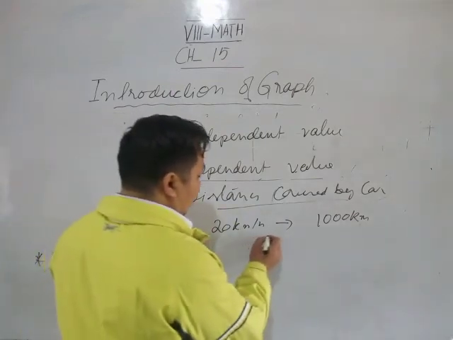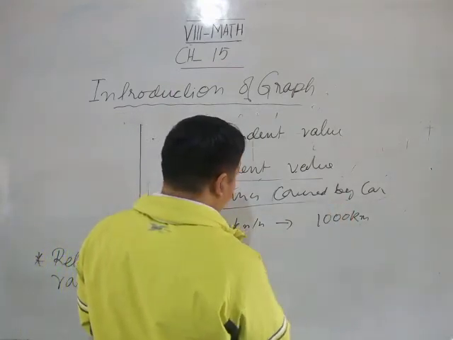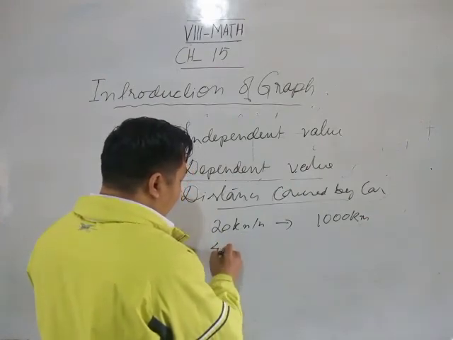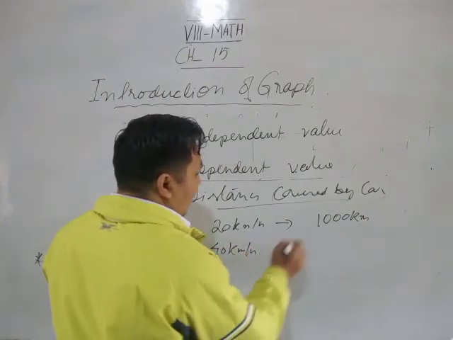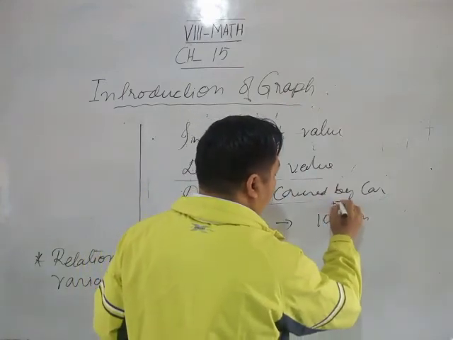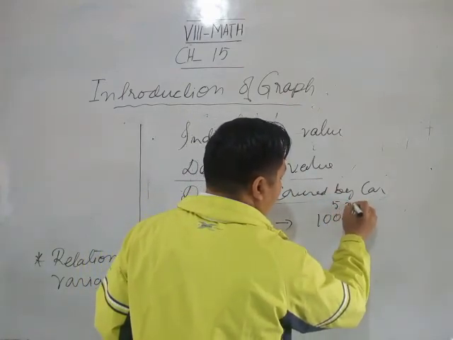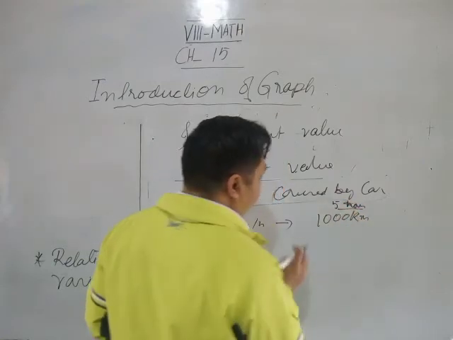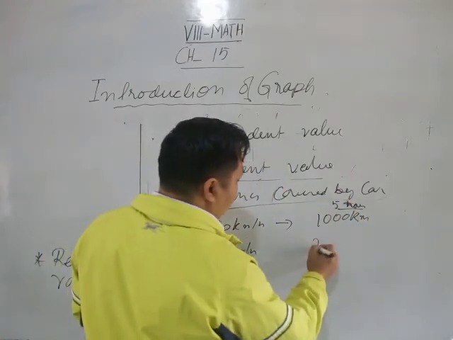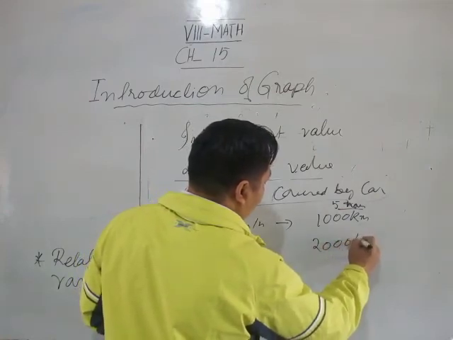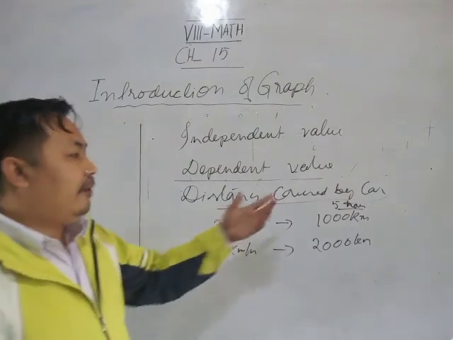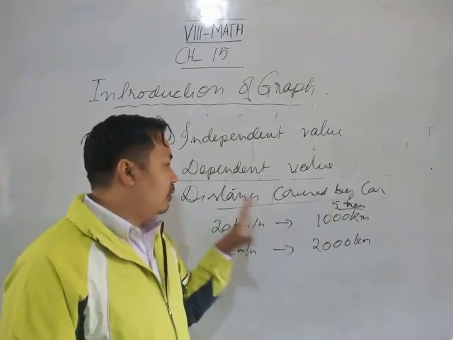In the same time, if you increase the speed to 40 kilometer per hour, then in another 5 hours, 200 kilometer of distance will be traveled.